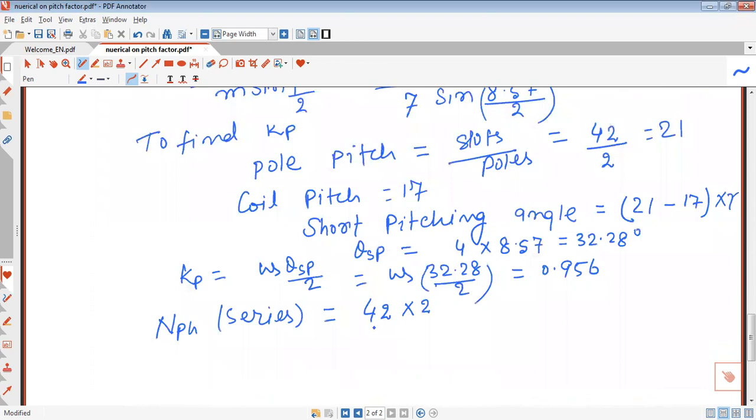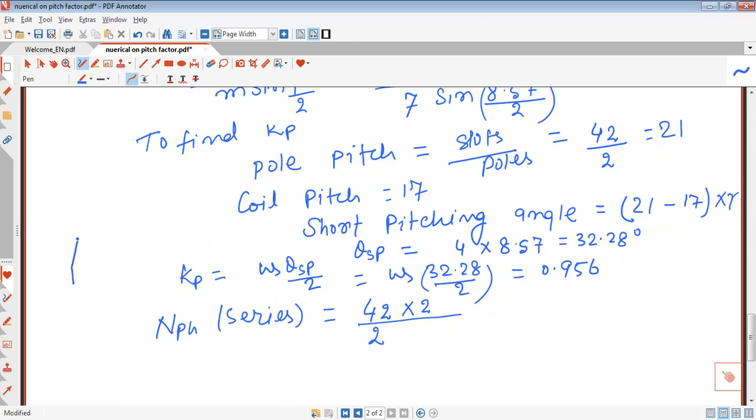The total number of turns will be this divided by 2, as I already explained.